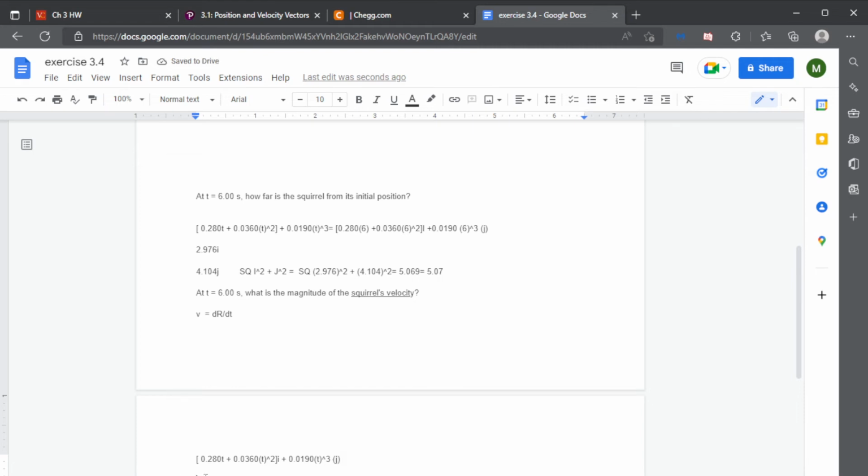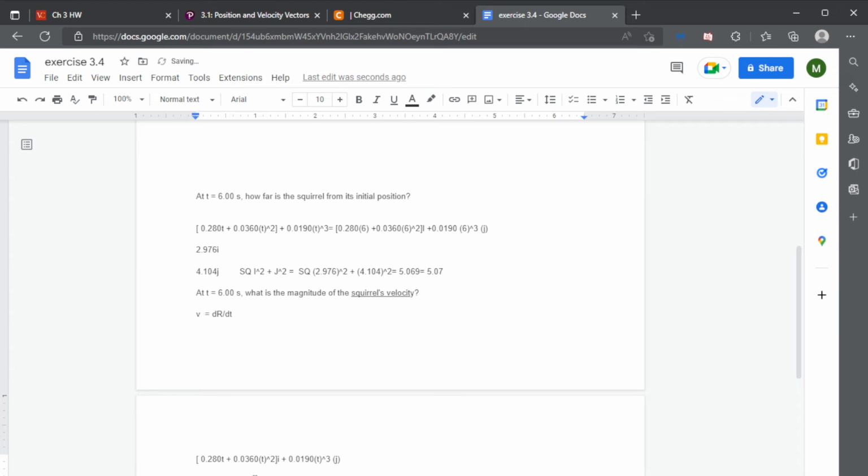What we need to do is take the derivative. If we take the derivative of 0.280 t, we'll get 0.280. And then if we take the derivative of 0.0360 t squared, we'll get 0.0720 with t. This is for i, so remember that.